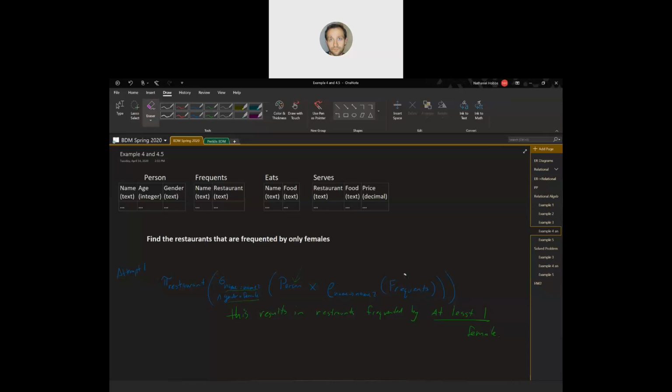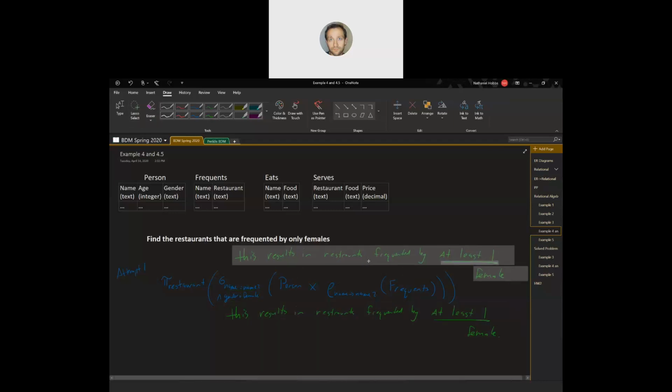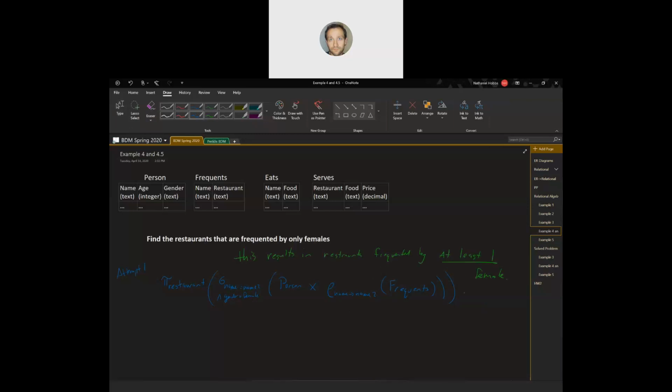Yeah. And so, actually, I can keep this. So this would be a set. I don't know how to write this.